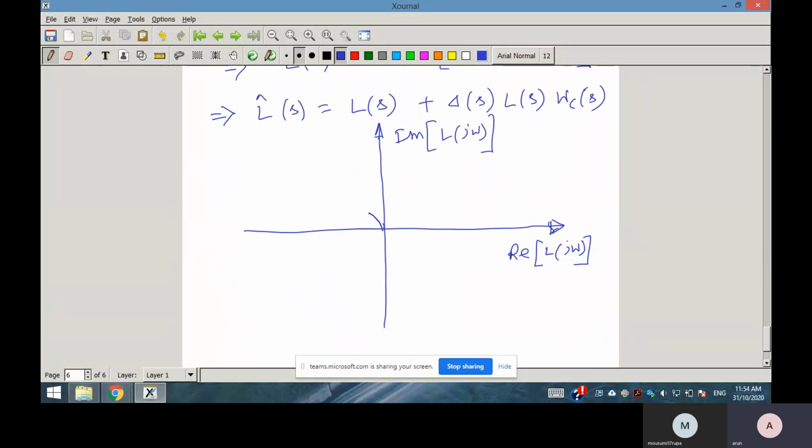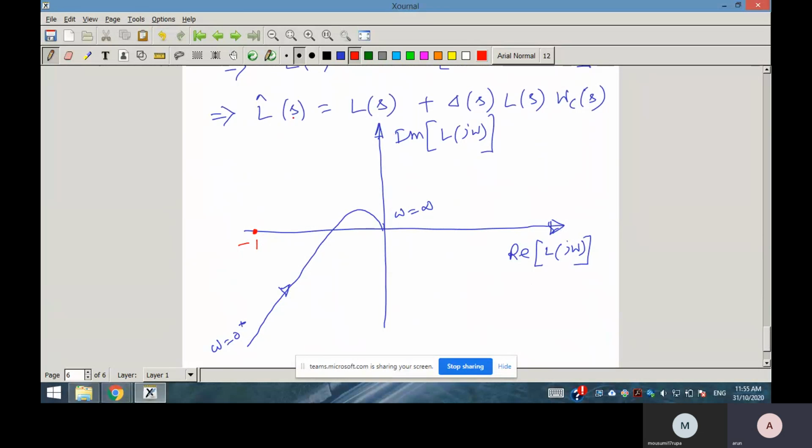Suppose this is your nominal loop transfer function, nominal L j omega. This is omega equal to 0, this is omega equal to infinity, 0 plus and infinity. And this is your minus 1 point, minus 1 plus j0. So now this is your L j omega plot.